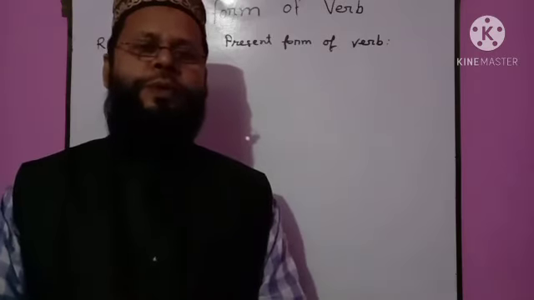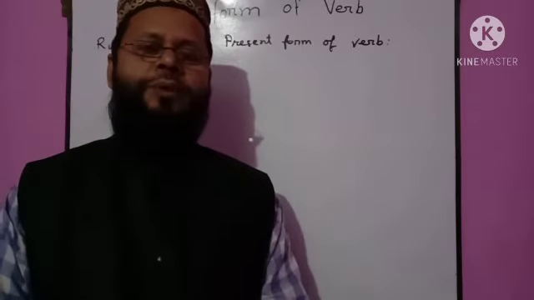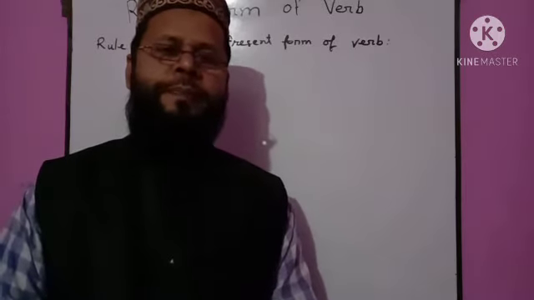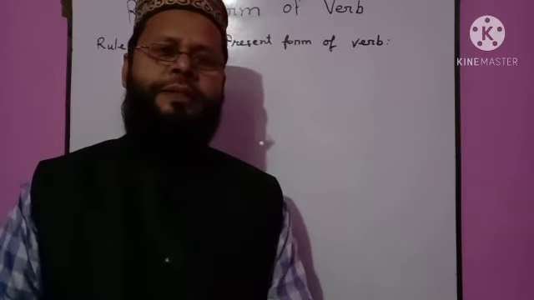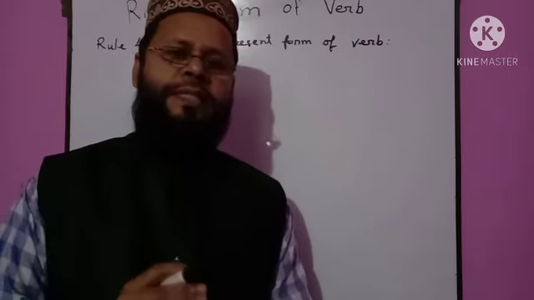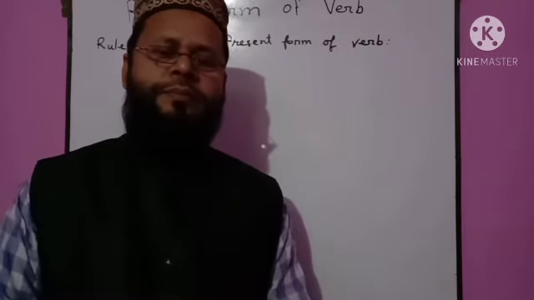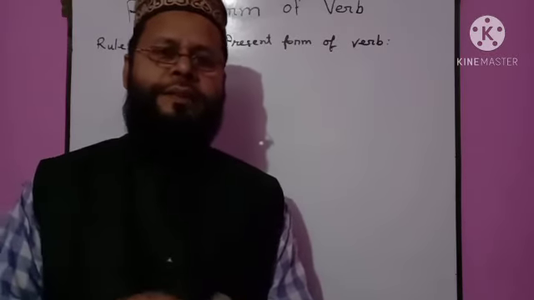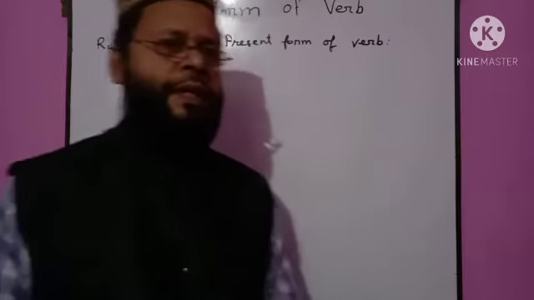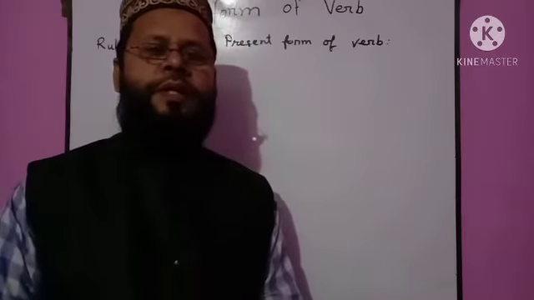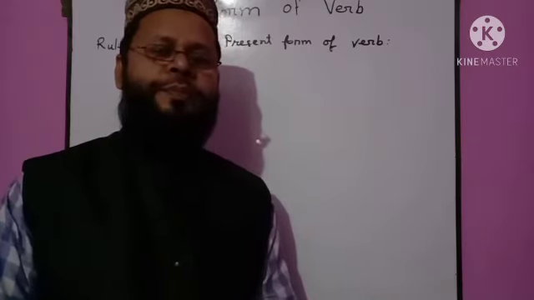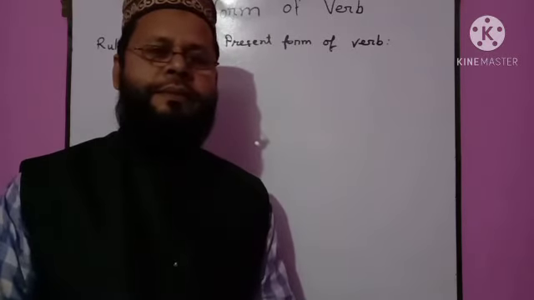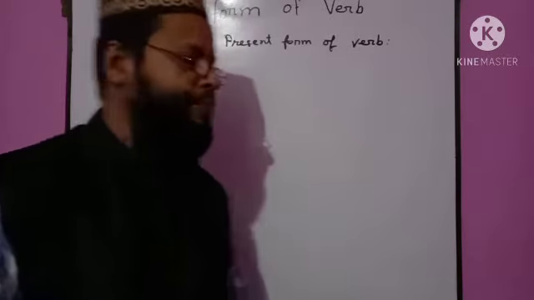And we also came to learn that present form has 2 types: present form like the basic form, and present form verb with s or es. At first we shall learn where shall we use simple present tense or present form of verb.